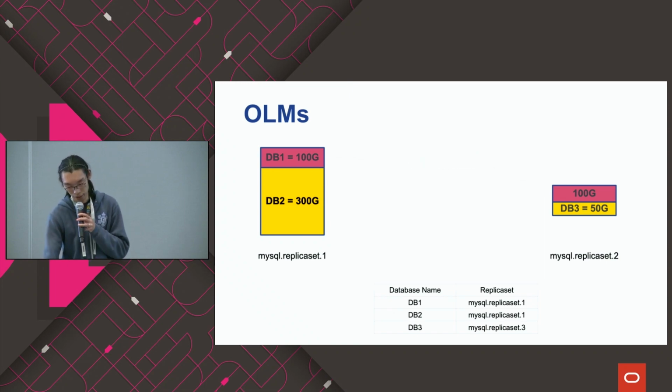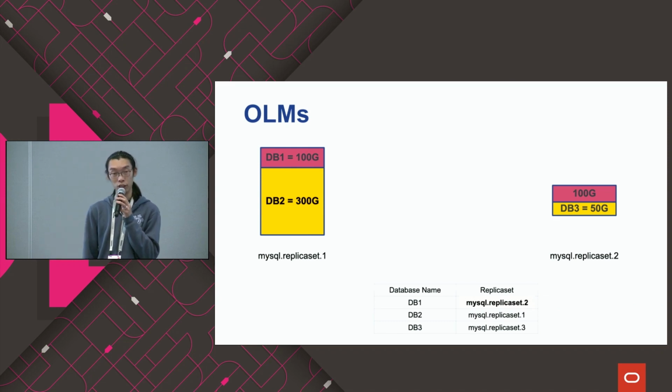So now that the data set on the right side is fairly up to date, we'll do an update on the service discovery system to repoint database 1 onto the new replica set, which is the address of the data set that we have already prepared.